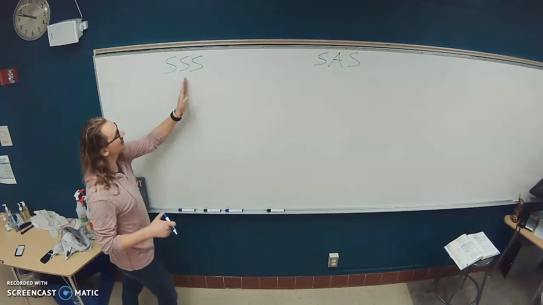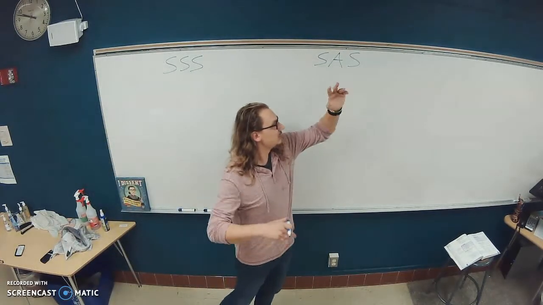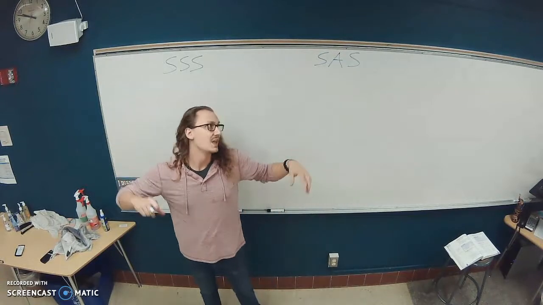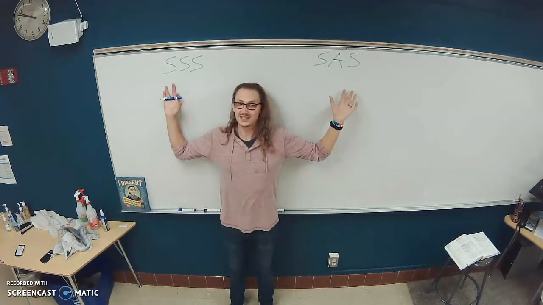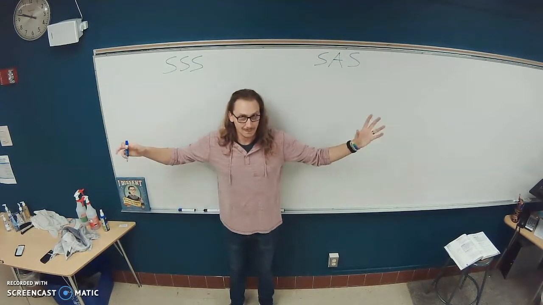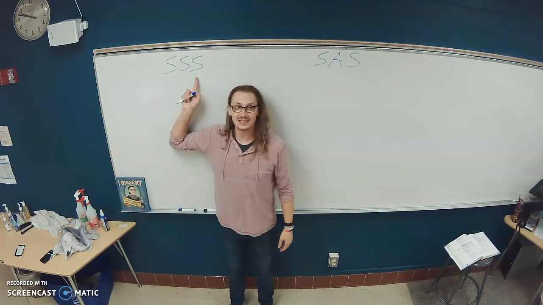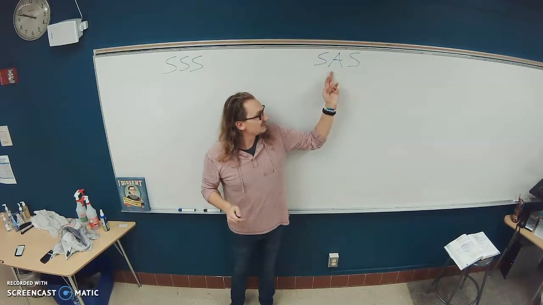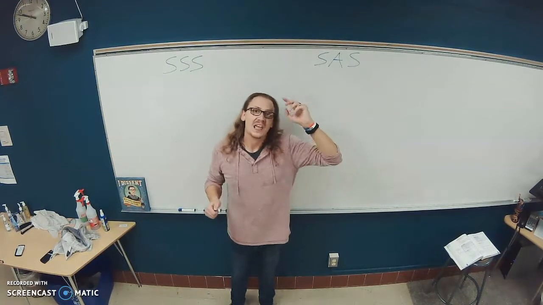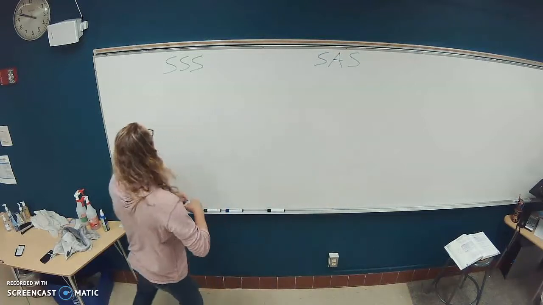What these letters mean is that in two different triangles, I can look at these pictures and say that they have congruent side, side, side, or a congruent side, then an angle, then another side. And that's enough to prove congruency.